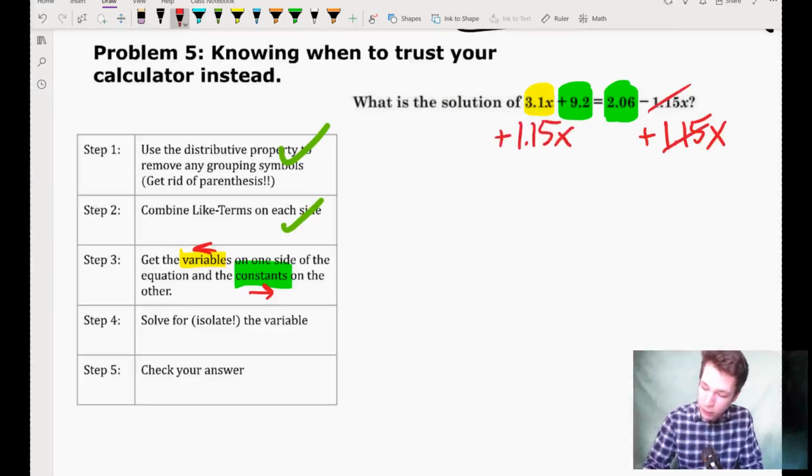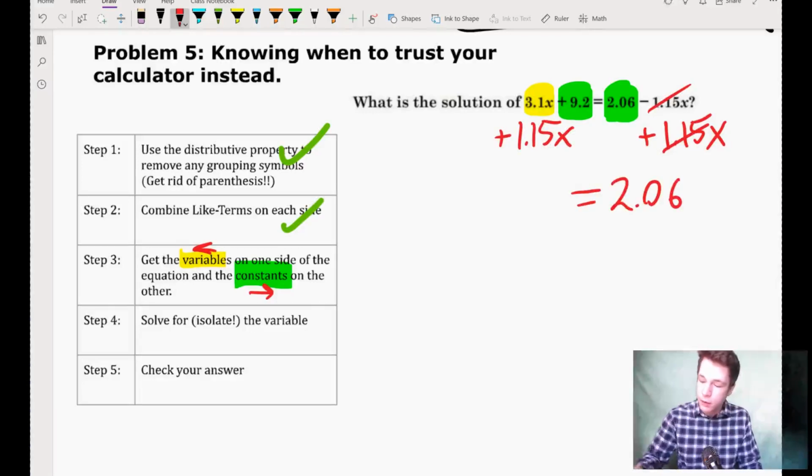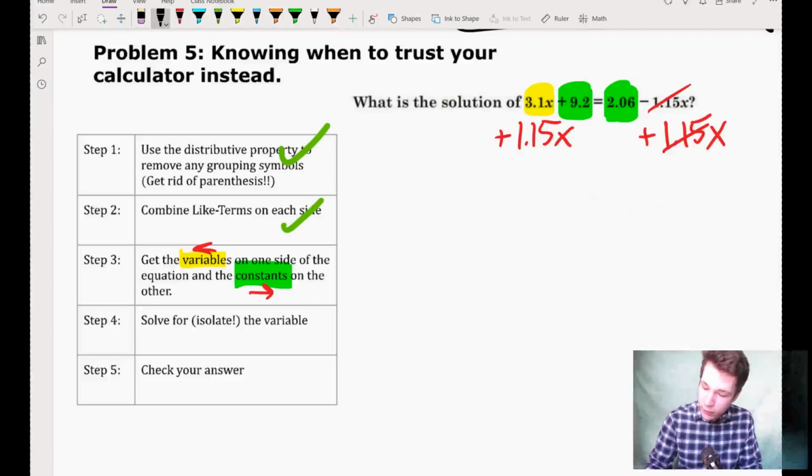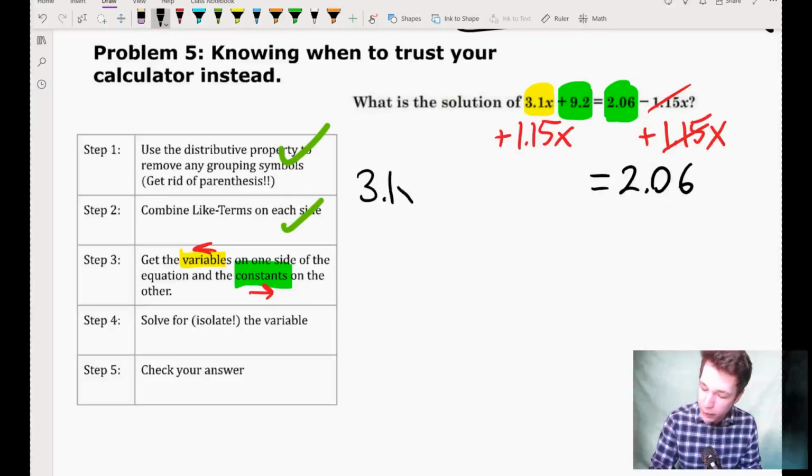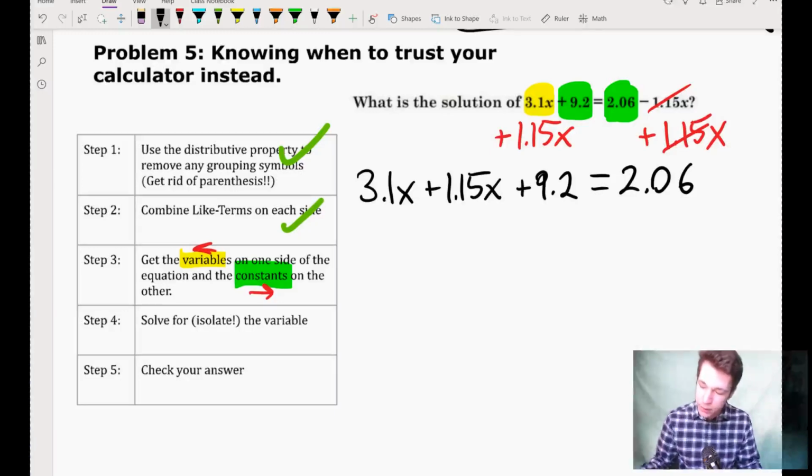That will get rid of it on the right, so we're just left with 2.06. On the left side, I need to figure out whatever 3.1x plus 1.15x is. I need to combine those pretty soon. I'll save them for now. Let's go ahead and leave all the calculating for last.